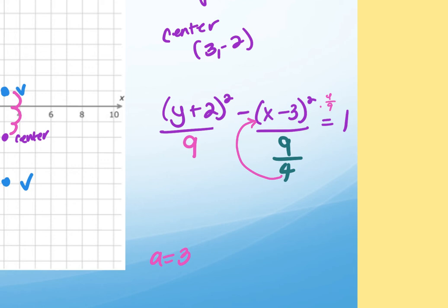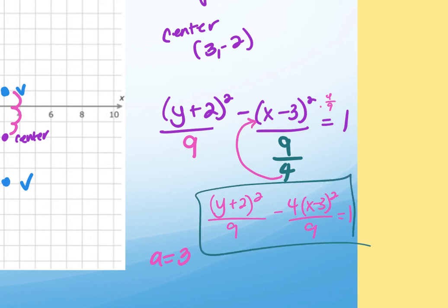So this would be y plus 2 squared over 9 minus 4 times x minus 3 squared over 9 equals 1. And that is standard form. So if you end up with a fraction in the bottom of a fraction, the bottom of that fraction moves to the top of your fraction.